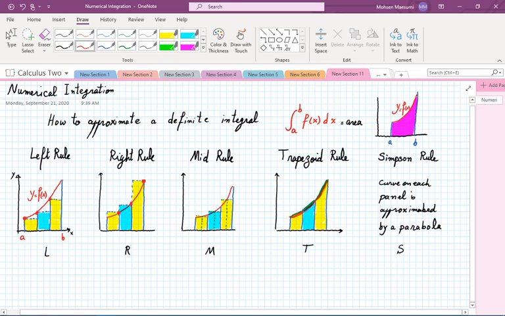This is now referred to as the right rule, simply because this is at the right end of each of these panels. In this case, we are overestimating, for an obvious reason. We are going above the graph of the function, and therefore the area of the rectangle I'm calculating here is more than the actual area I want.